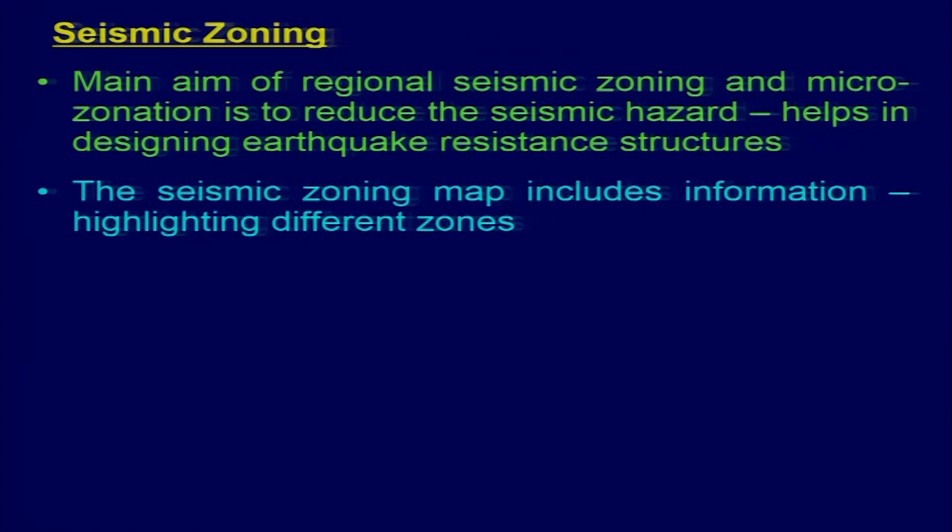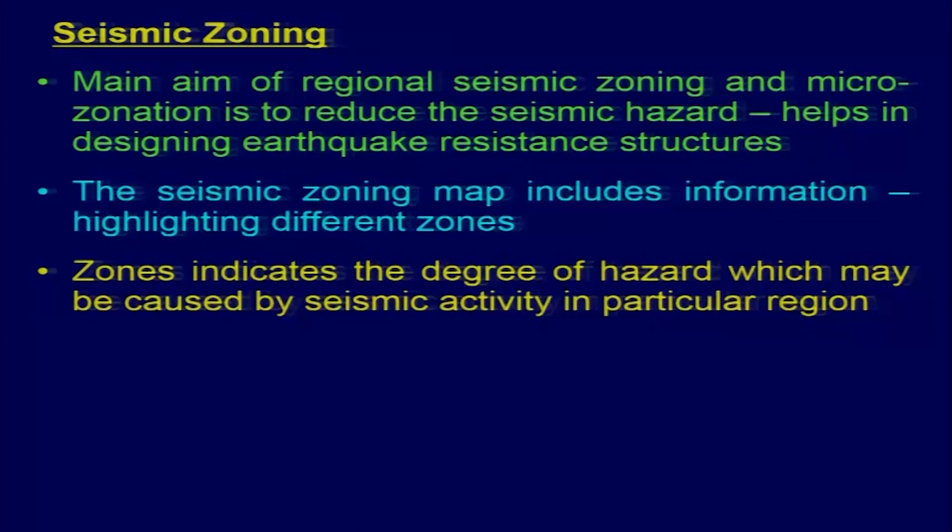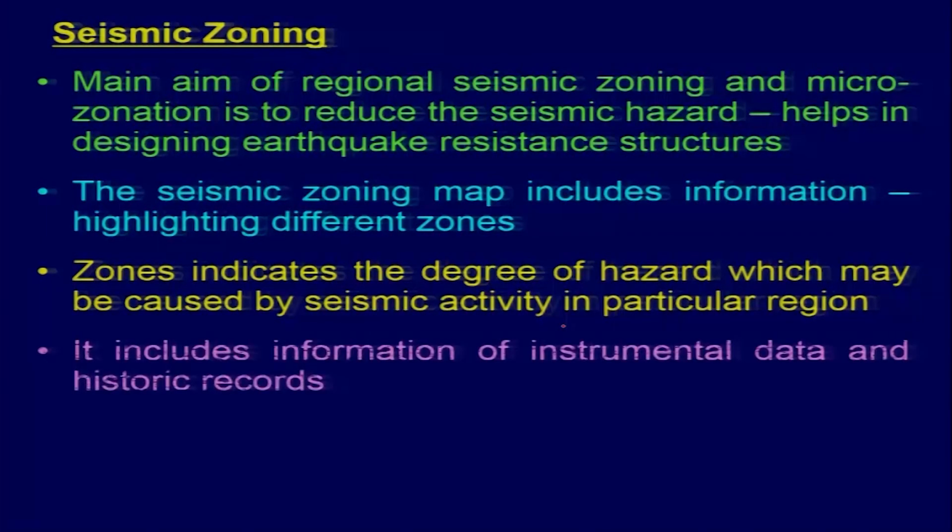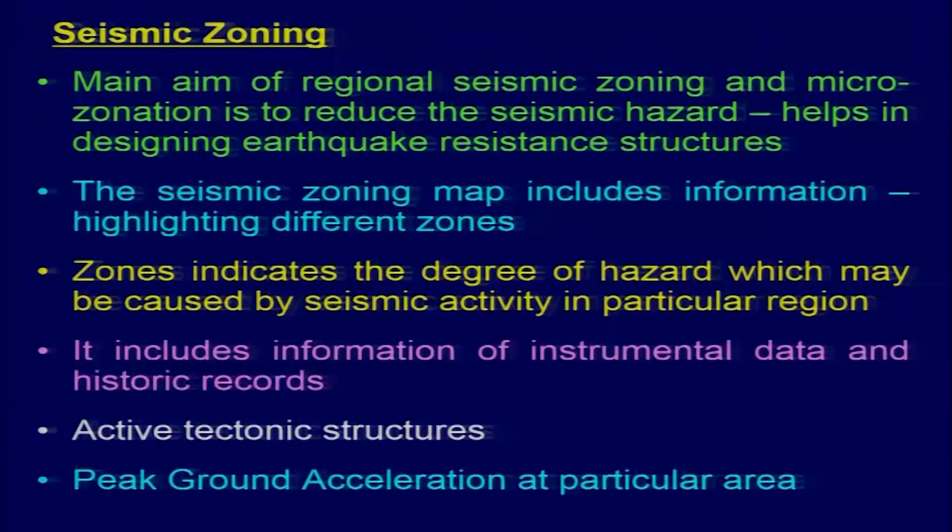The seismic zoning map includes information like zones, which indicate the degree of hazard which may be caused by seismic activity in a particular region, and in microzonation we also consider the particular site of interest. It includes information of instrumental data and historical records, active tectonic structures, and peak ground acceleration at a particular point of interest in a particular area.